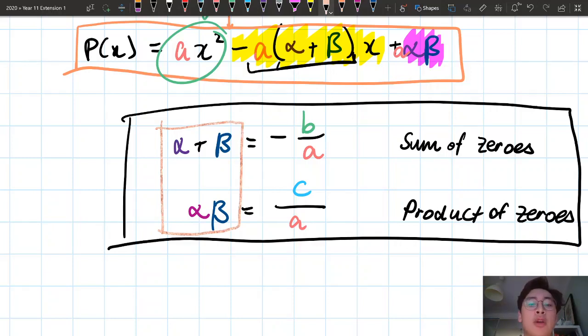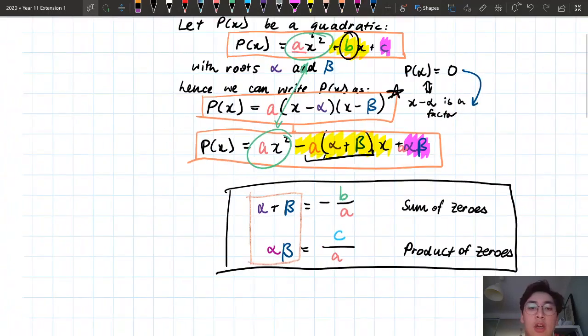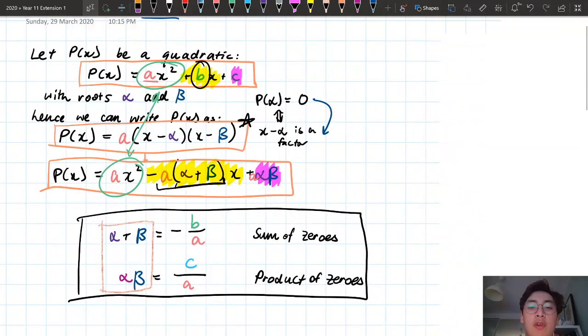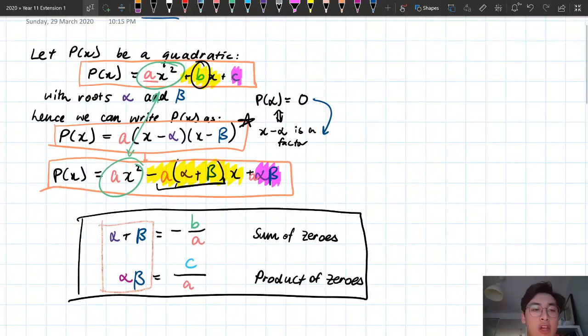So the main thing to take away is that if we have a quadratic, we can establish a relationship between the roots, alpha and beta, and the coefficients of the terms in my quadratic.